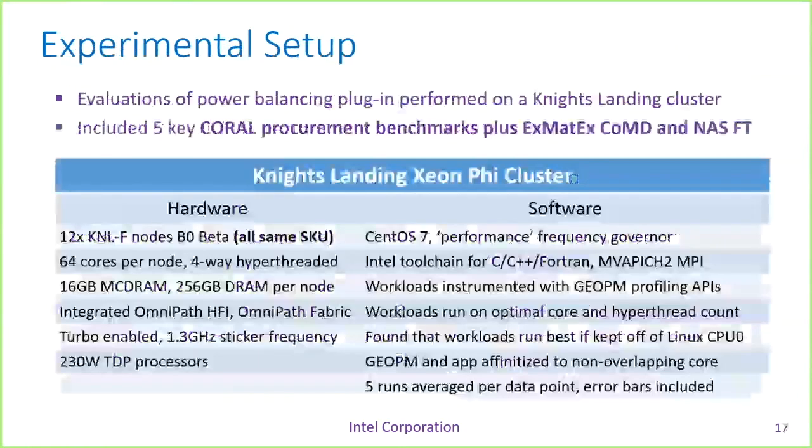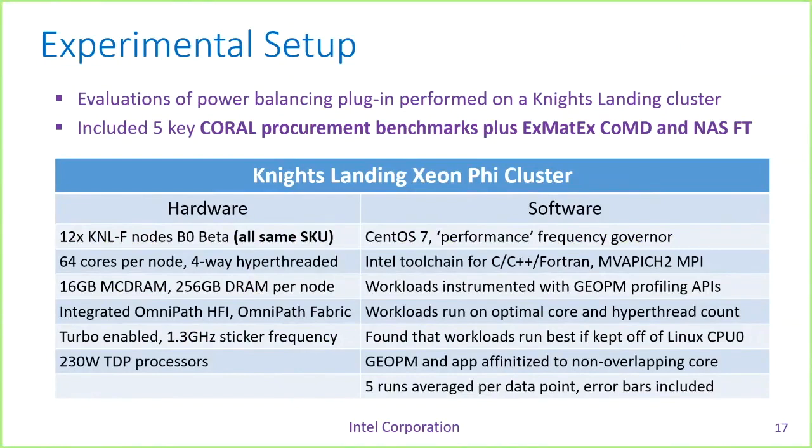All right, so we evaluated this Power Balancer plugin on a Knights Landing cluster, looked at Coral procurement benchmarks plus a molecular dynamics app from XModX and a Fourier transform app from the NAS Parallel Benchmark Suite. I've got the experimental setup listed in this table. The salient points are that we ran on 12 Knights Landing nodes, all from the same SKU.